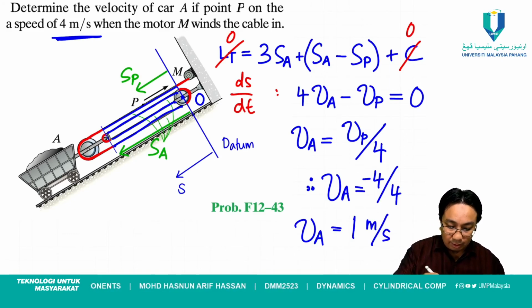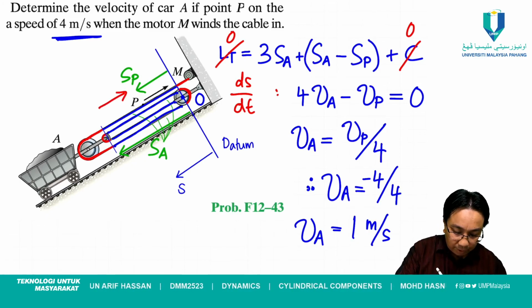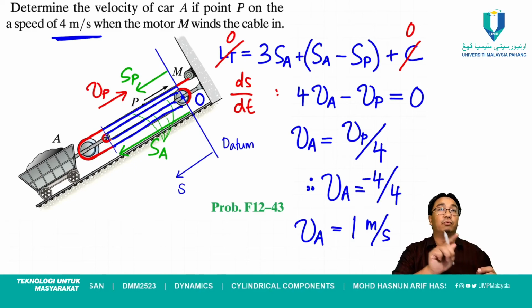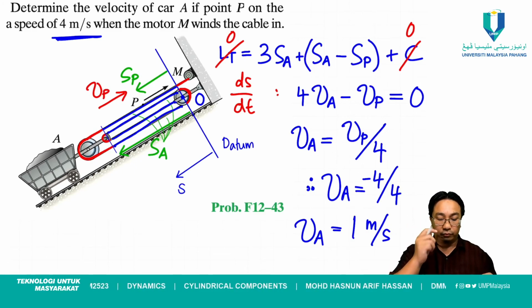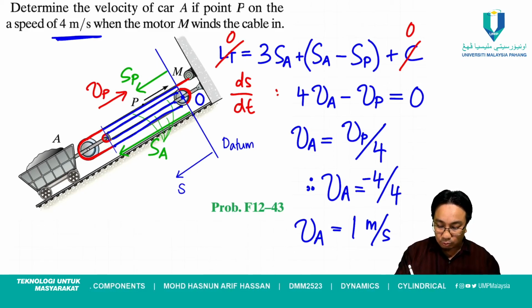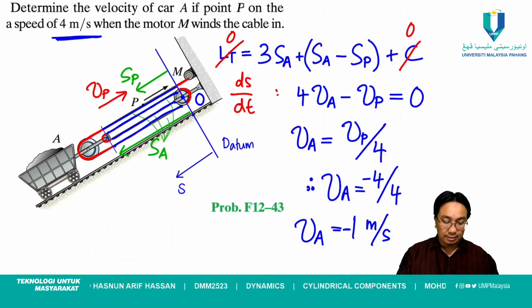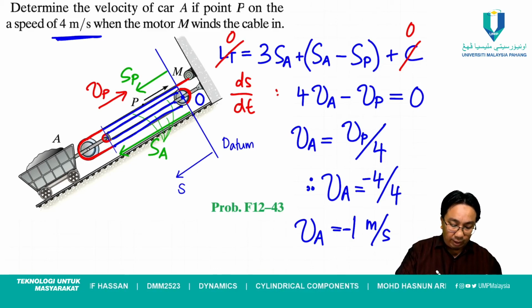So saya akan lukis sikit VP ni ke sini. This is VP yang diberi sebab point P is moving up. So VP ke atas, which means that dia ialah negatif 4. So our final answer should be negative 1 meter per second. Barulah dia make sense because VA is also going up.